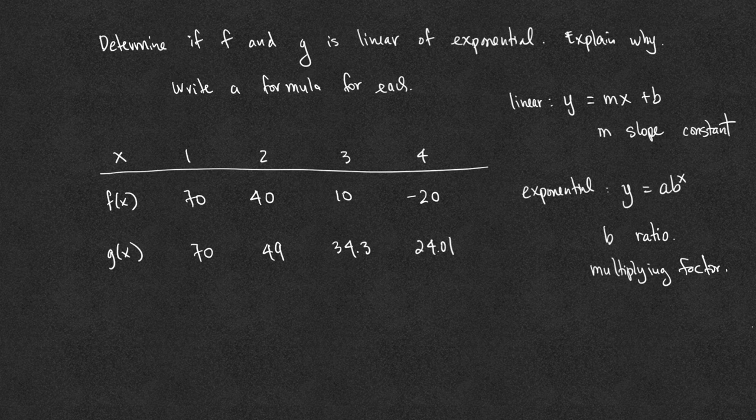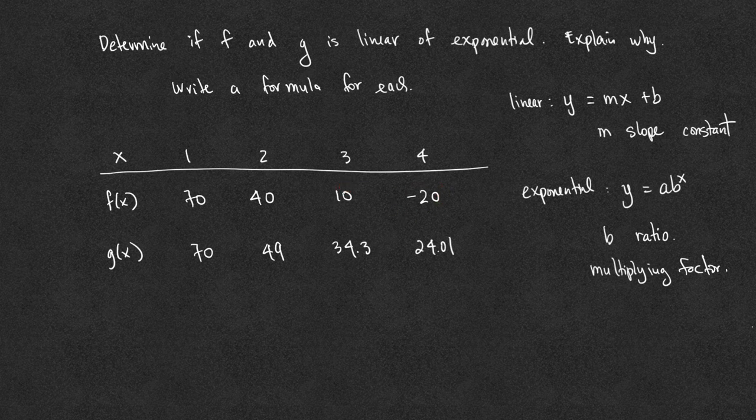If it is being added or subtracted the same number, then it is linear. If it is being multiplied or divided by the same number, then it is exponential. We observe that for the function f of x, the values start with 70, and then it goes to 40, and then to 10, and then to negative 20.